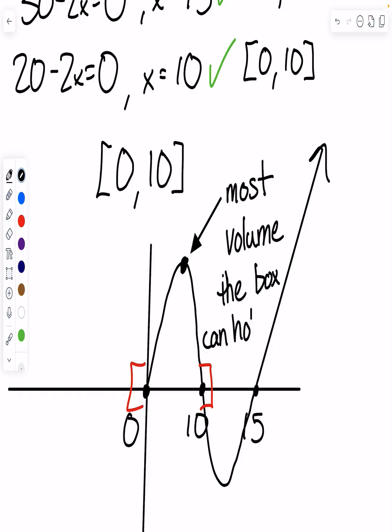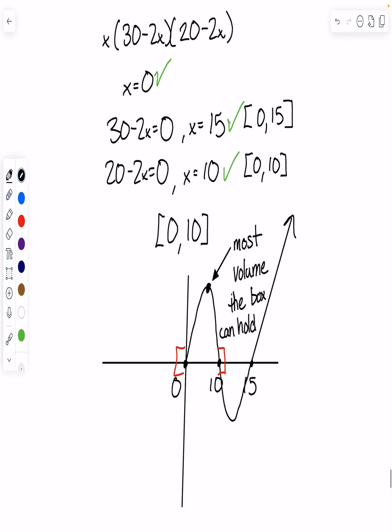can hold, right? I would recommend that you use your TI-84 calculators to figure out where that value is once you plug it in.